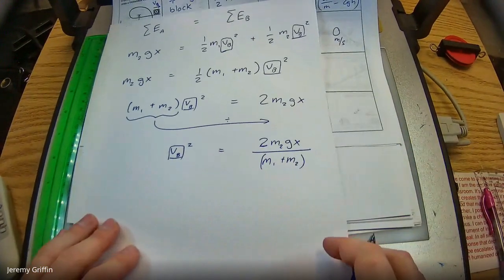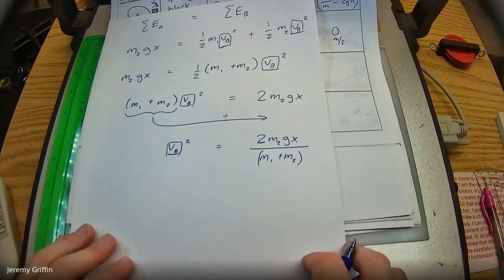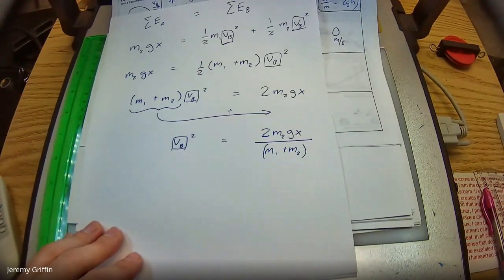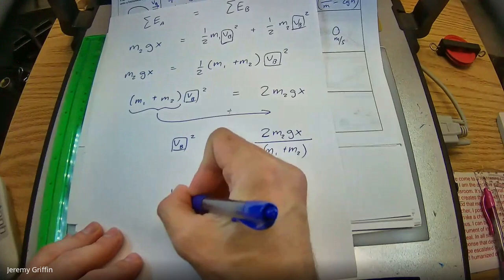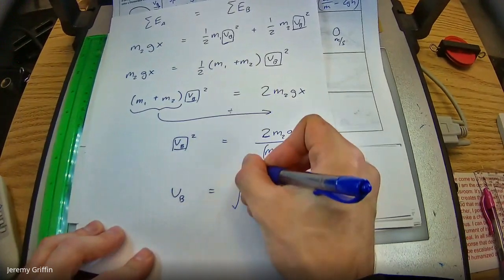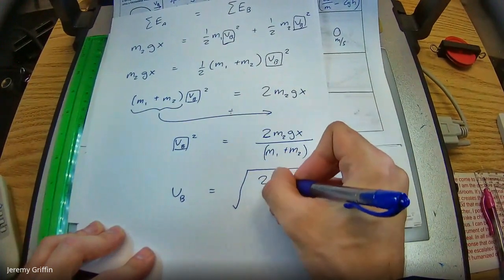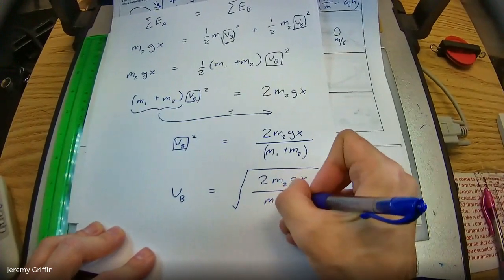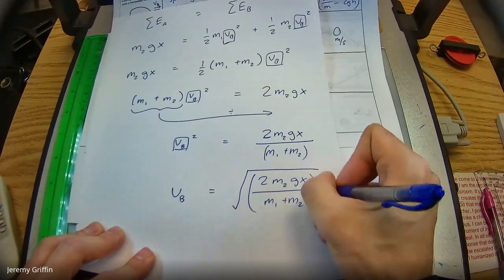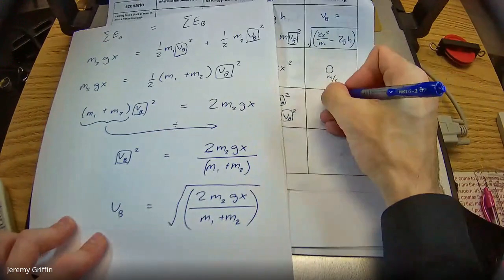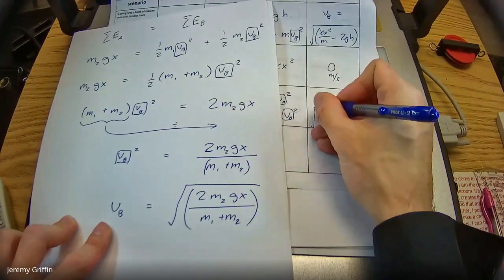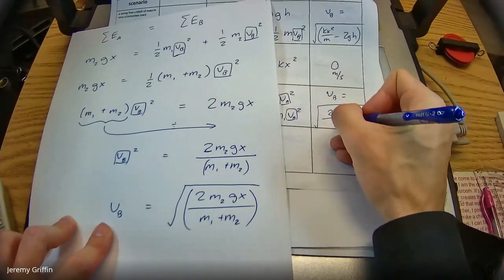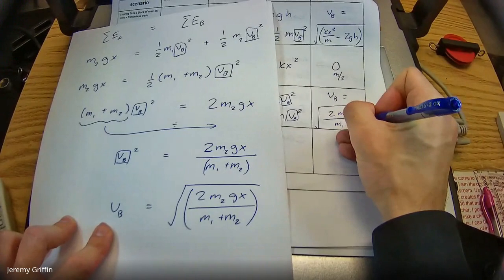And then finally, what's the very last step? Square root. So the speed at point B is the square root of this fun expression. That is the answer to this question. What's the speed at point B? Well, it's this giant square root: 2m2gx over the sum of the masses.